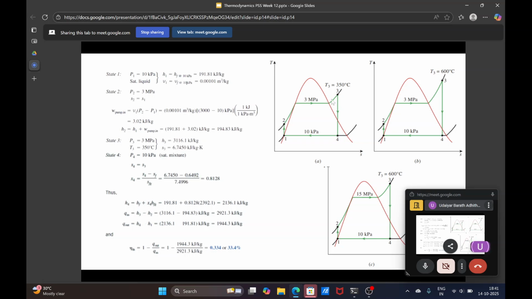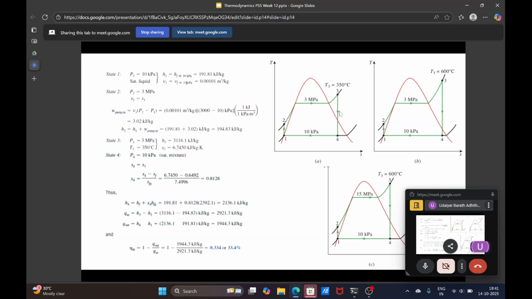And similarly from the superheated steam table, P3 is 3 megapascal and T3 is 350 degrees Celsius, so your enthalpy is 3116.1 kilojoule per kg, and entropy is 6.745 kilojoule per kg Kelvin.